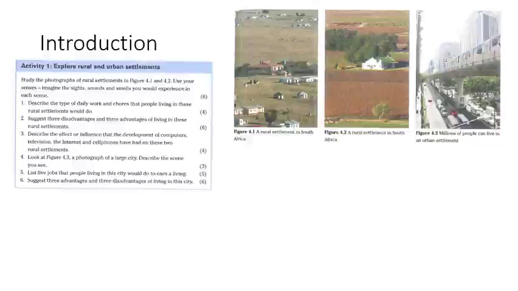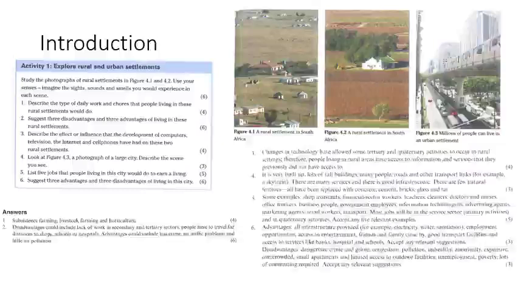Now, if we describe the type of daily work and chores that people living in rural settlements would do, we'd understand that there's subsistence farming, which means they're growing crops just for themselves so that they can sustain themselves, or as a profit. You've got livestock farming and you have horticulture.